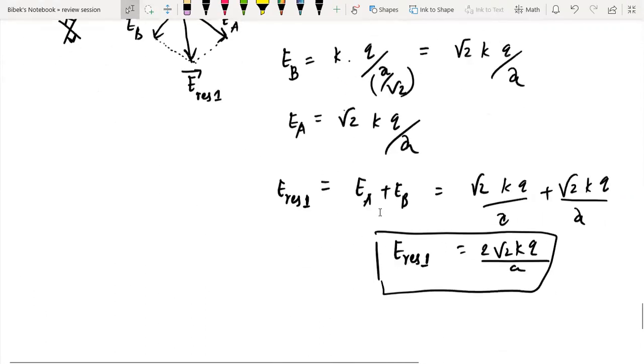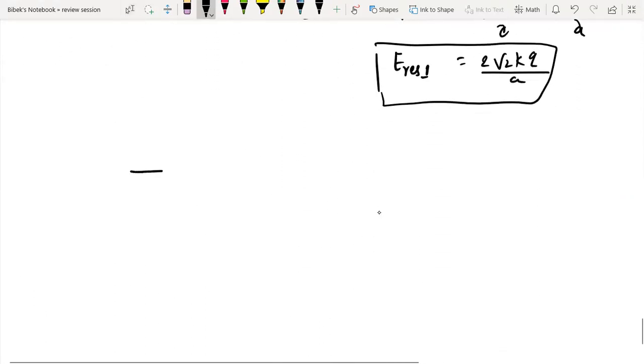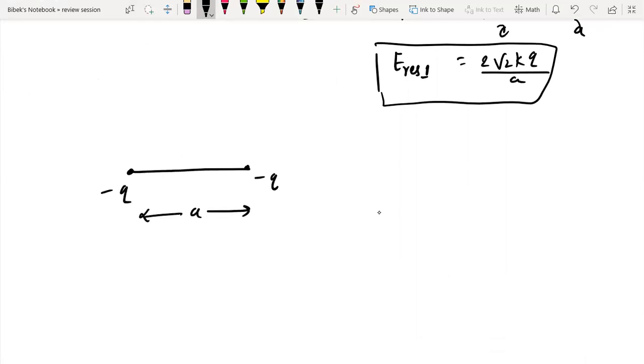Now if you took the bottom one, you have negative Q, and you have A, and your center is here. The distance will be the same, A over root 2, and the angle will be 90 degrees. Your vectors, this is C, this is D. Your EC this time won't be going to that side because it's a negative charge.